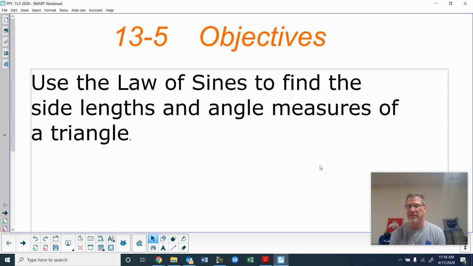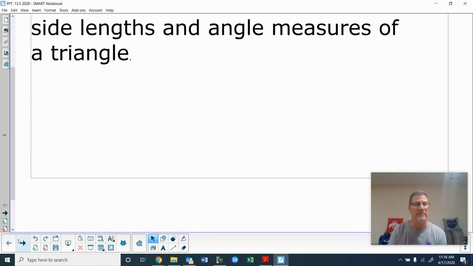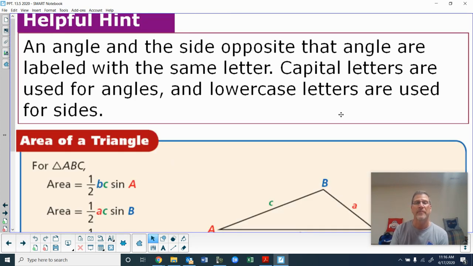And then you have to find the remaining three, the missing three answers, either two sides and an angle or two angles and a side. So let's get started. We're also going to learn how to find the area of a triangle a little differently. So that's the first thing we're doing.